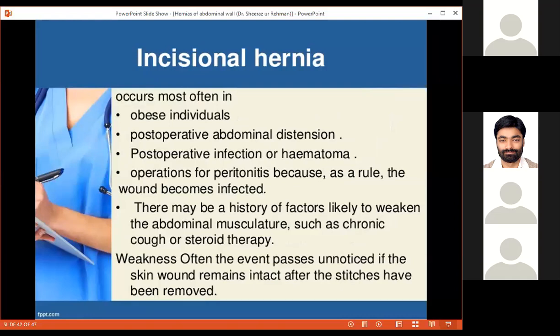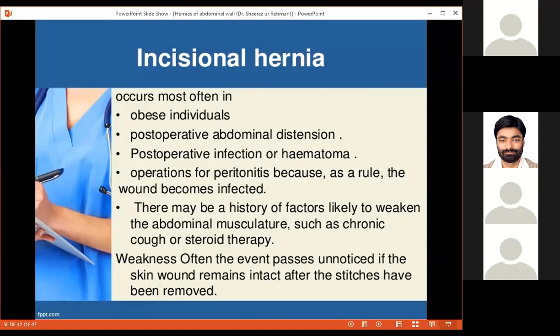So mostly they occur in obese individuals, patients who have post-op abdominal distension, post-op infection, hematoma. There may be a history of factors like weakening of the abdominal wall, chronic cough, steroid therapy, or at times the weakness is unnoticed, and the patient would have intact sutures in place, but the wall stretches slowly and progressively.